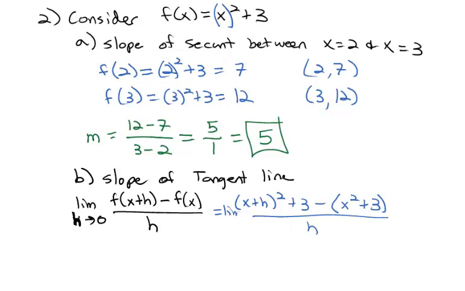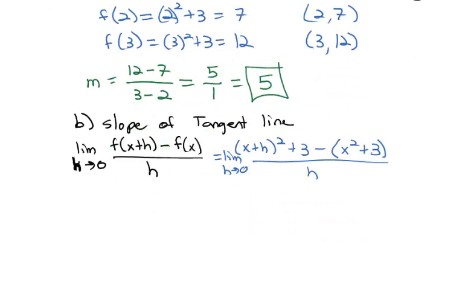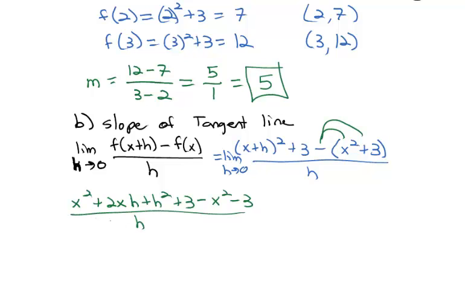So we want the limit as h goes to 0 of all of that stuff. So if we square the parentheses, we get x squared plus 2xh plus h squared plus 3. Distribute the negative, we get a minus x squared and a minus 3 all over h, and we want the limit as h goes to 0.